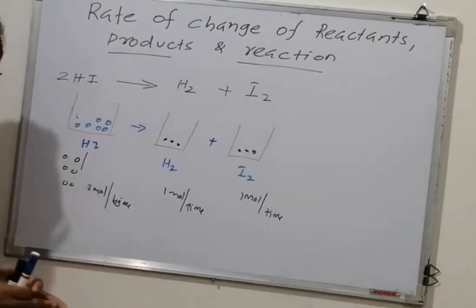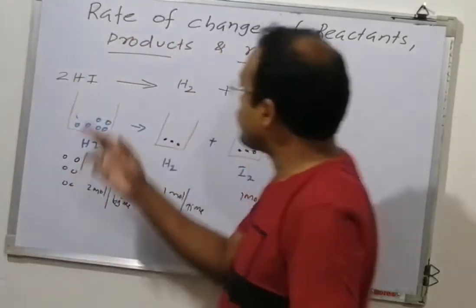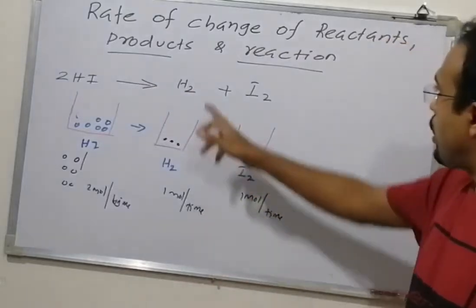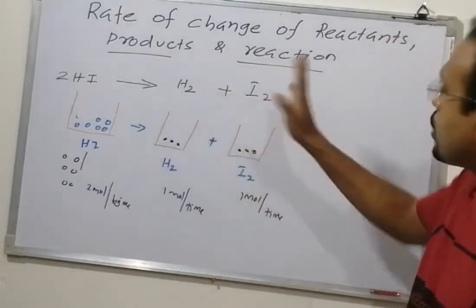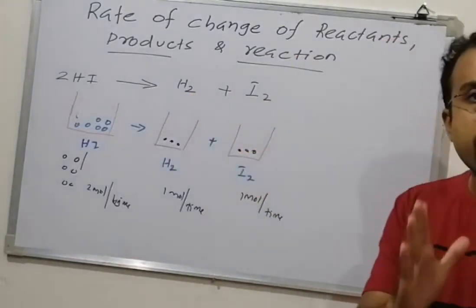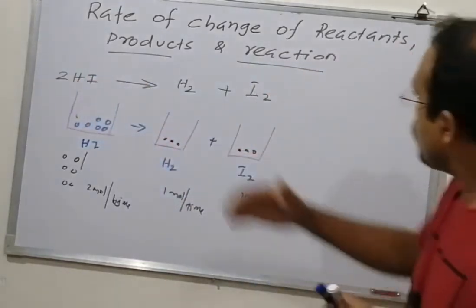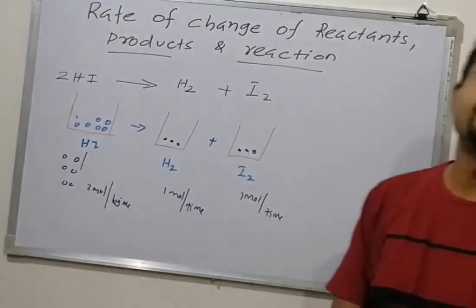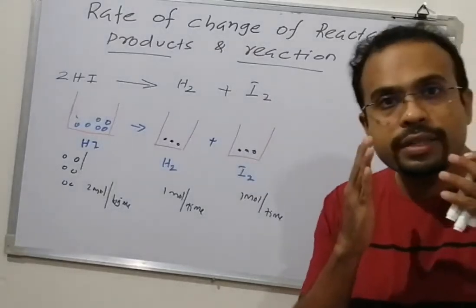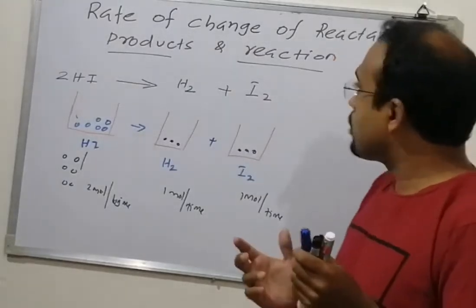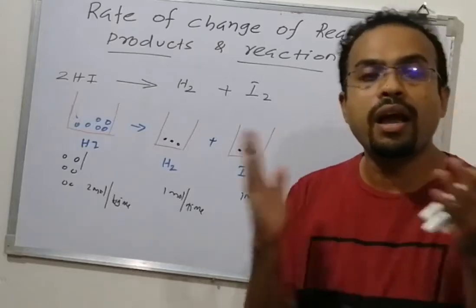In this reaction mixture, you have a reactant HI and two products H2 and I2, but when you look at their individual speeds, they are different.